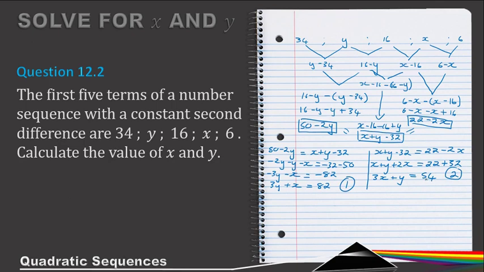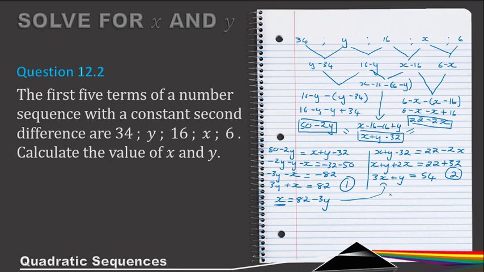Now, that's up to you. Do you want to do substitution or elimination? I always prefer substitution. I'm basically just going to isolate x over here. So x is equal to 82 minus 3y, and then substitute this x value into my second equation.